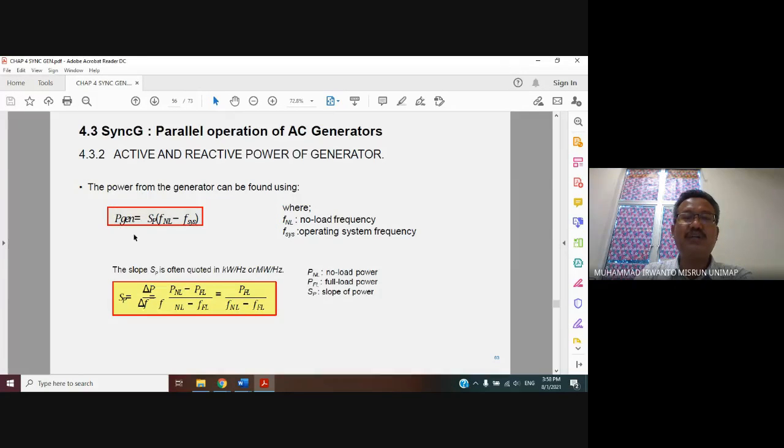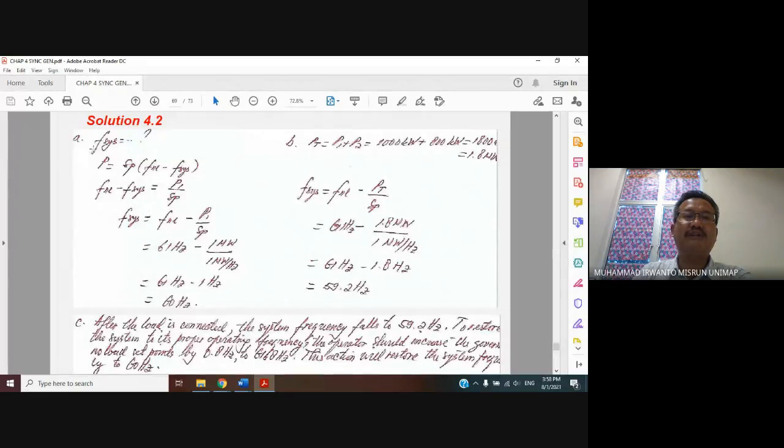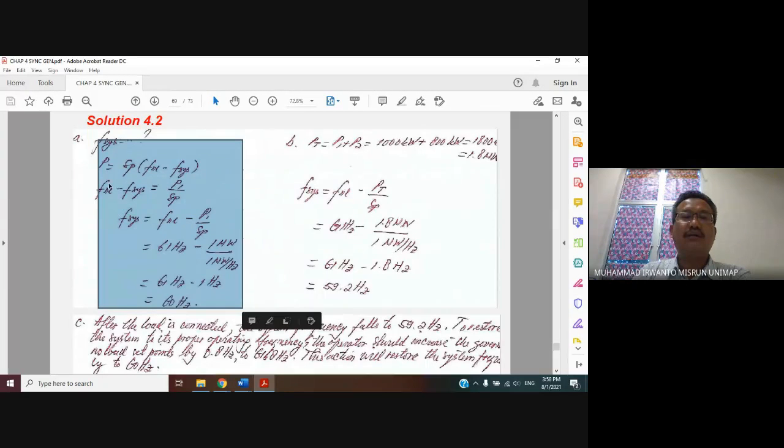So from here we can find the frequency system when the power generated by the generator is given, and also slope of power frequency and no load frequency are given. Okay, so we can calculate. The first, this one: power is equal to slope of power frequency multiplied by no load frequency minus frequency system.